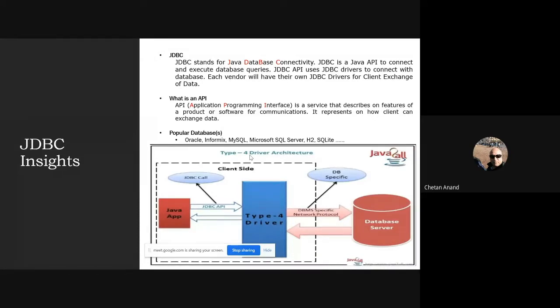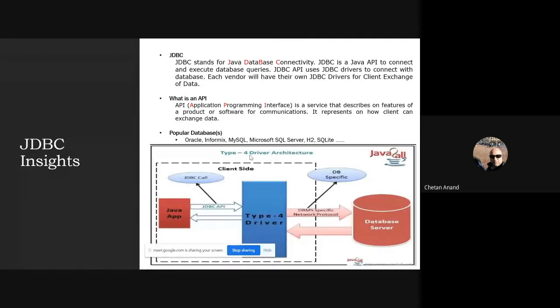Now, a database is always vendor specific. When I say vendor specific, SQLite is one database vendor, Oracle is another, SQL Server is another, H2 is another. Each one will have separate drivers. So it is not one driver connecting to all.